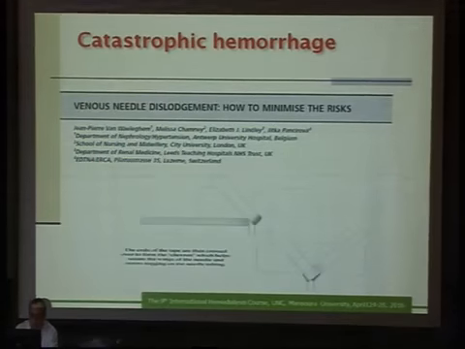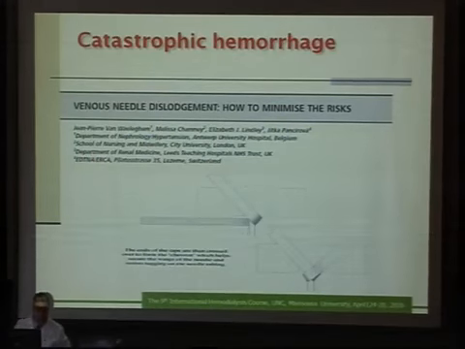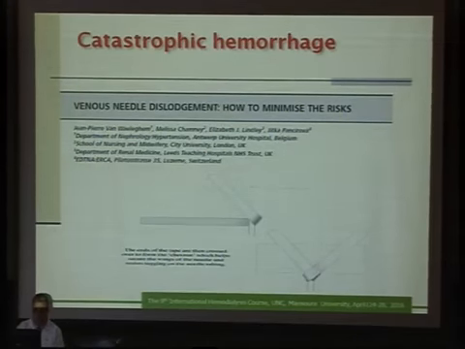Then we should uplift and cross the two ends to be fixed this way. This is the proper way to fix the needle. This is very important, and this will prevent the dislodgement and the catastrophic bleeding.